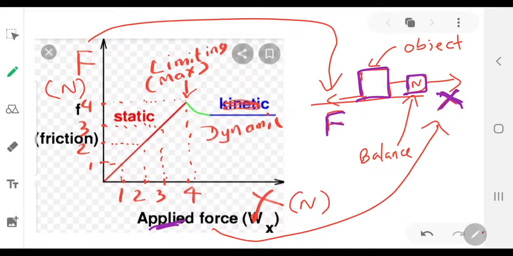What they have done is taken it to the graph. So look at the subject of the graph. The subject of the graph is the whole experiment they have done. And what are the other important points? The applied force, which is X. X is increasing. What happens when the applied force is increasing, and what happens to friction against that applied force?